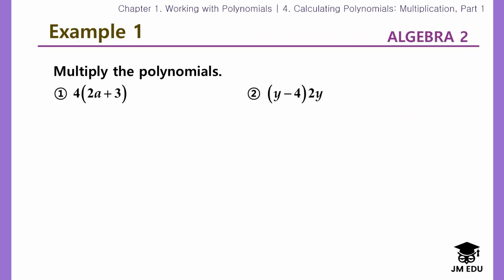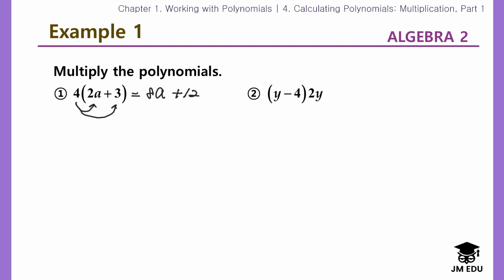Let's try example number 1. The question is to multiply the polynomials. We have a monomial and binomial, right? So what we have to do is distribute. 4 times 2a, that's 8a. 4 times 3, that's plus 12, right?